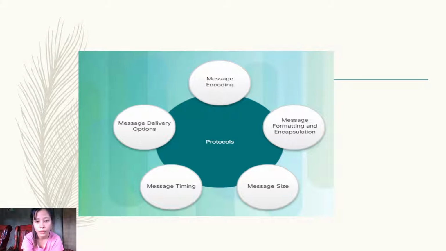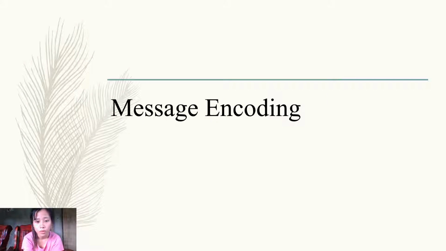For the next one, we have message encoding. One of the first steps to sending a message is to encode it. Encoding is the process of converting information into another acceptable form for transmission.